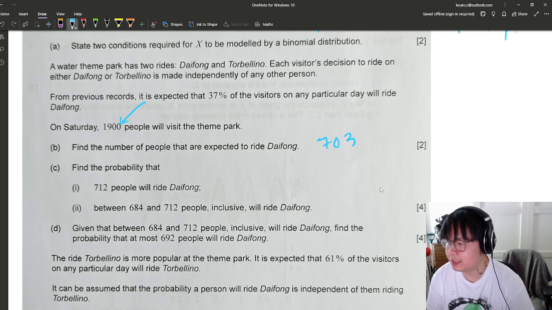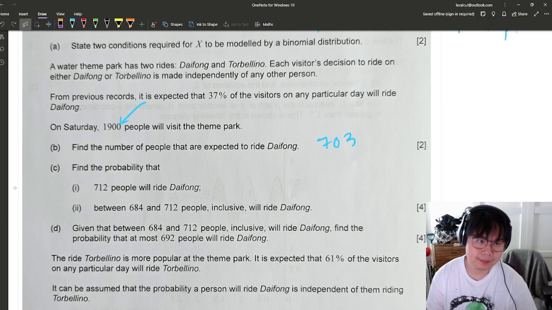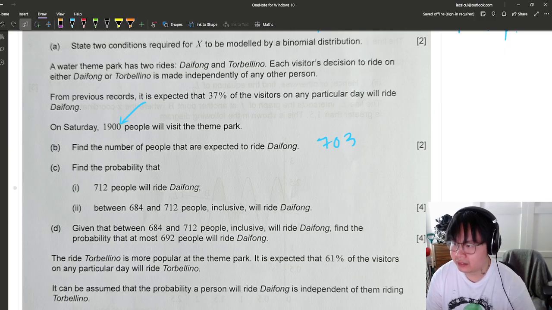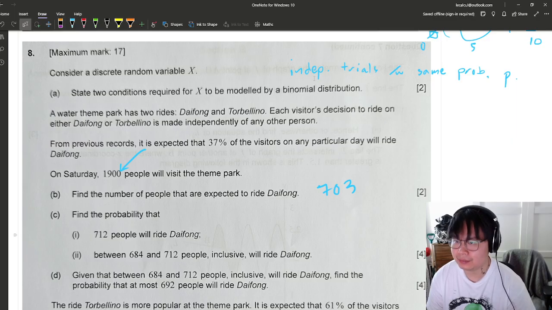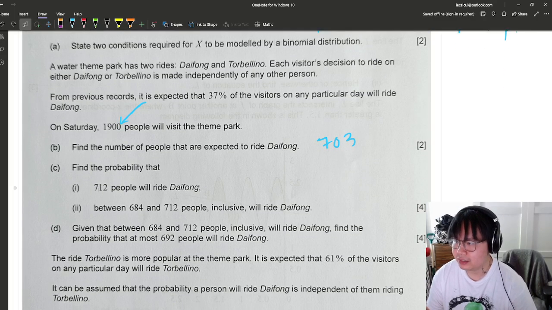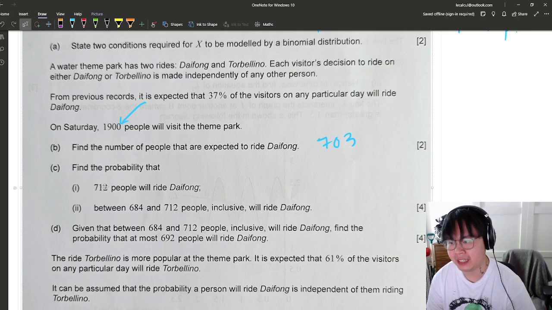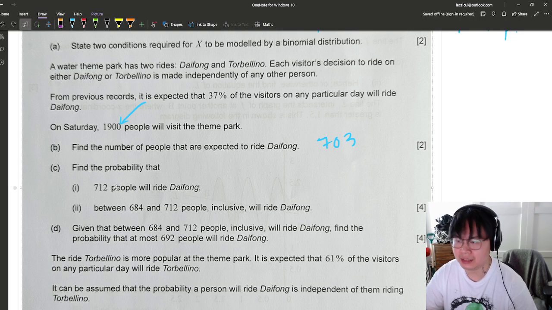Okay, find the probability that between these two numbers of people inclusive will ride Daifang. First, 712 people will ride Daifang. Okay, so now this is a binomial distribution. Out of the 1900 people, we want to find the probability that 712 of them ended up taking the ride.